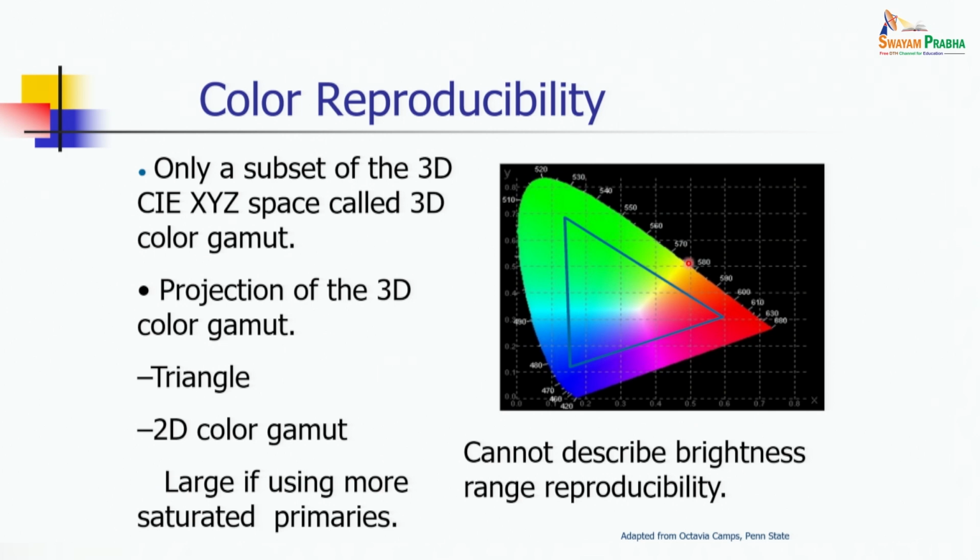The nearer it is to the periphery, the more saturated it is.